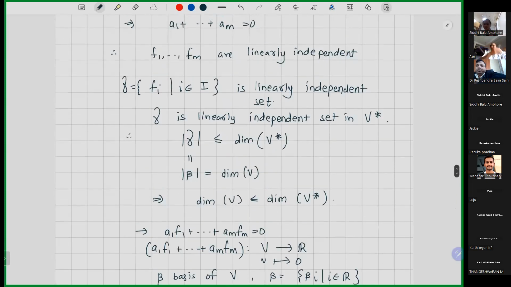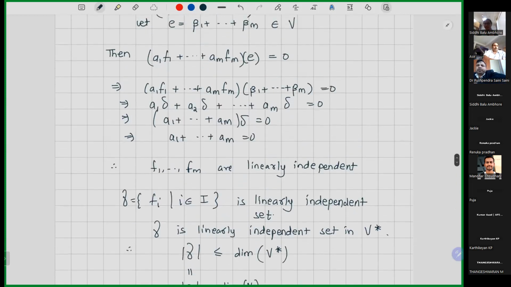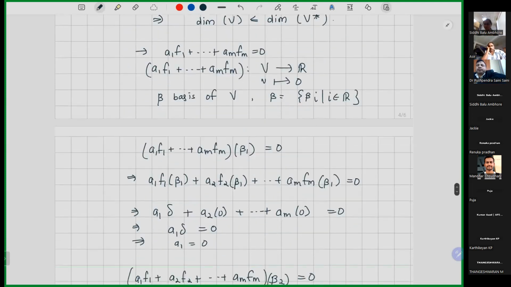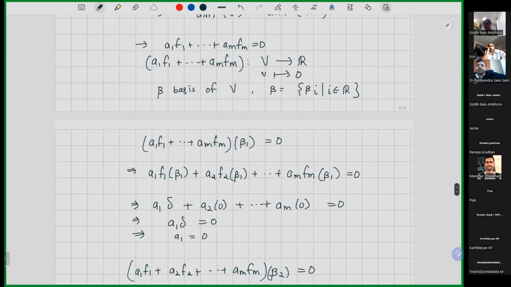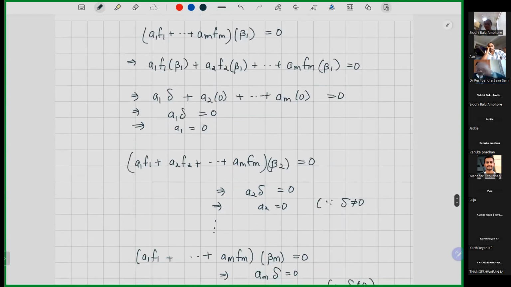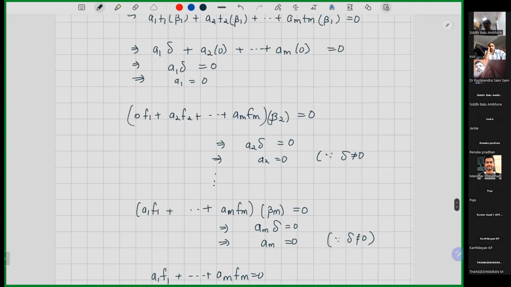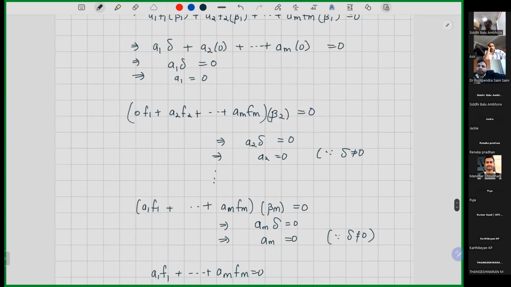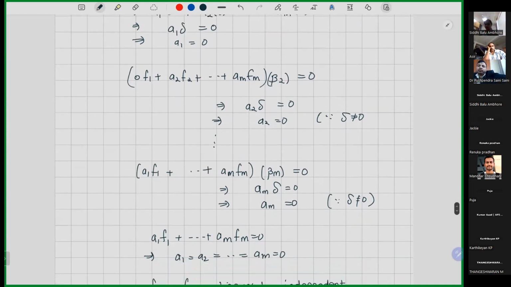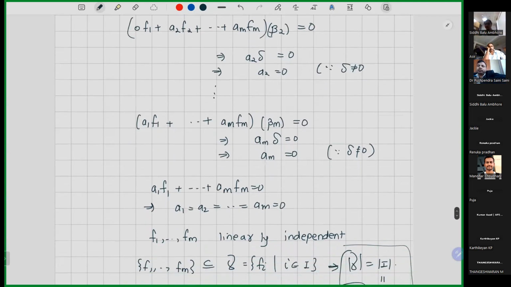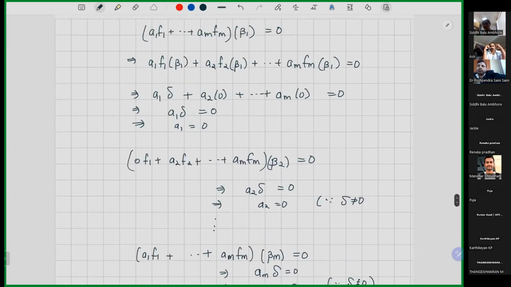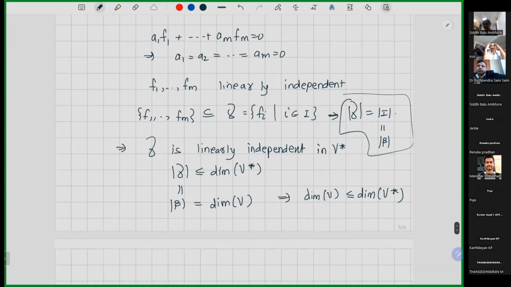I think evaluating it at beta 1 to beta m won't help us; we have to do this only. Let's start with beta 1, then we get a1 to be 0, and a1 is anyway 0 here, so we need not even use f1. Any doubts that we finally proved this is a linearly independent set and its cardinality is now less than or equal to dimension of V star?